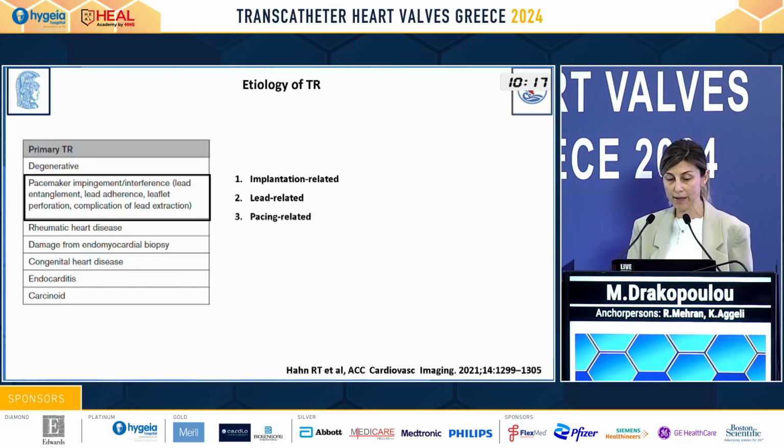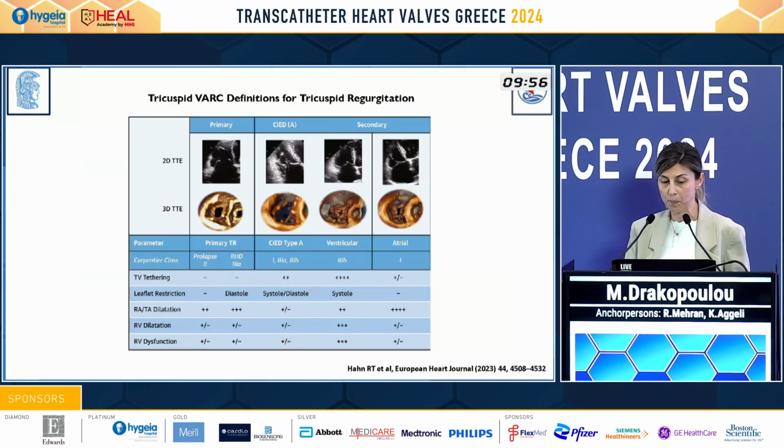Lead-related is when we have lead adherence or lead entanglement, so the leaflet may be tethered due to the position of the lead. The pacing-related is when we have RV dysfunction due to the pacing, so the RV dilates and we have dysfunction due to the dilation of the RV because of the pacing.